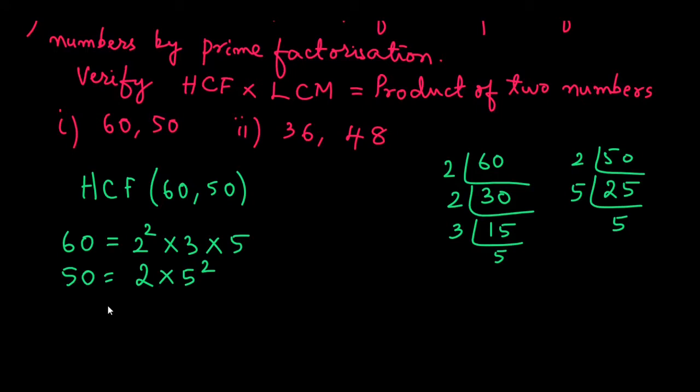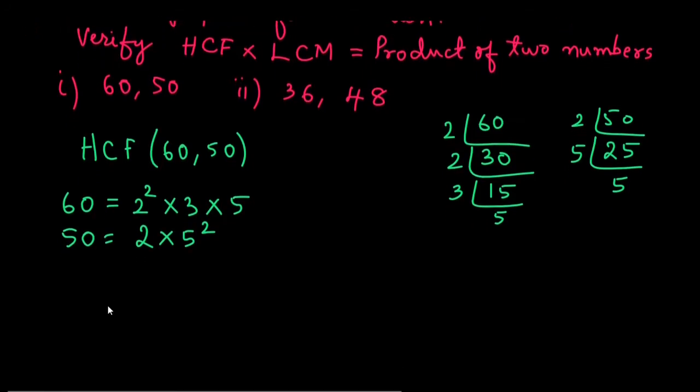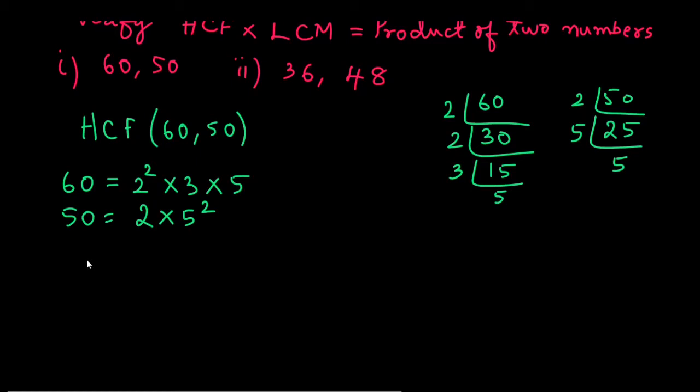Now let us find HCF and LCM. While finding HCF, we have to take the smallest power of the common factors involved. The common factors involved are 2 and 5. 3 is not a common factor.